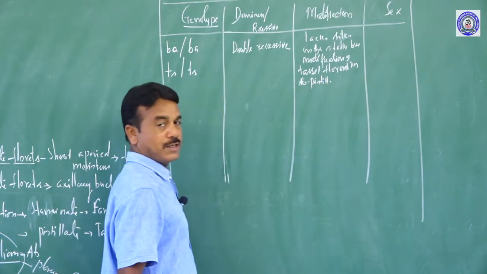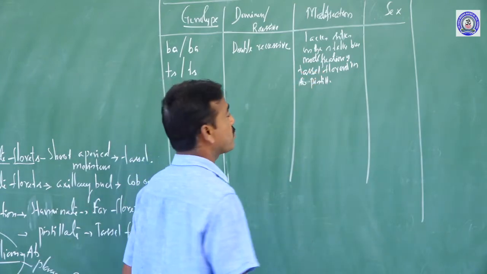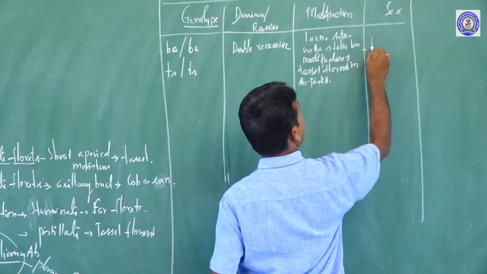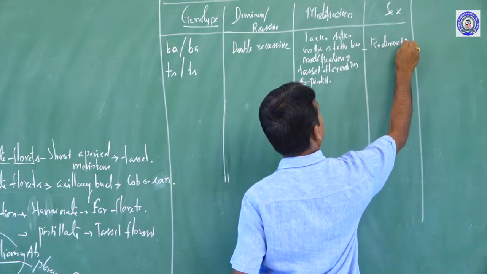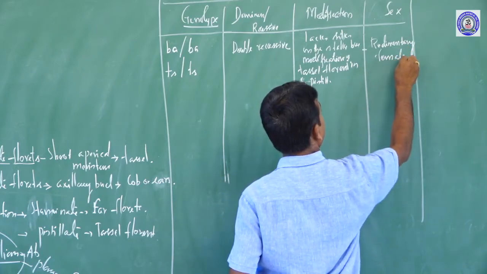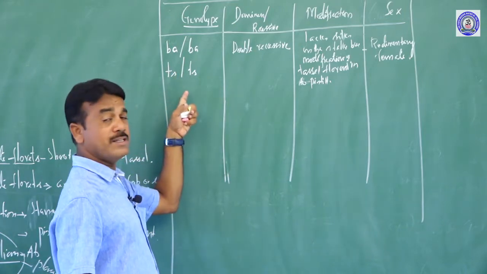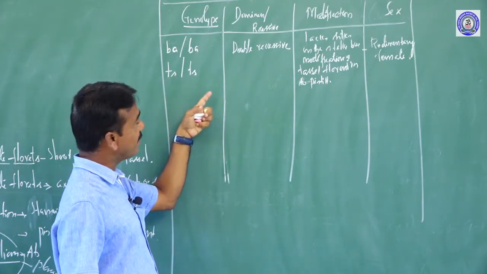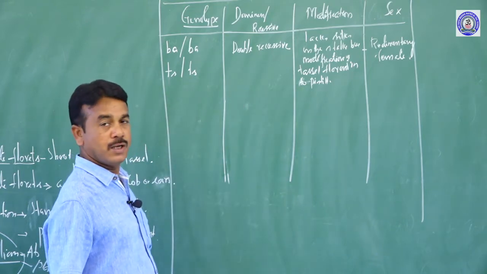That is the modification. What sex is produced with these characteristic features? It is commonly called rudimentary female. So, when both alleles are double recessive, the sex produced is rudimentary female.